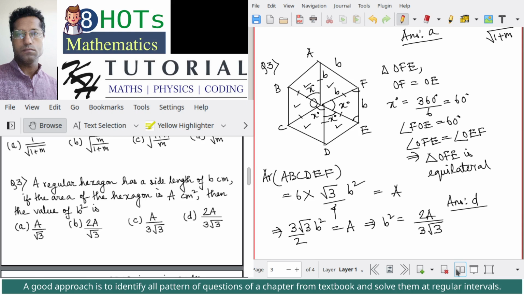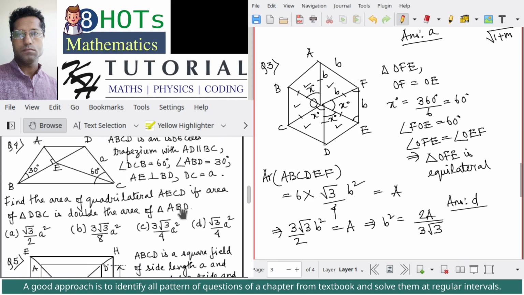And if it's a regular hexagon, then definitely each of these triangles will be an equilateral triangle, and all these triangles are congruent and they will have equal area. And of course the area of the regular polygon is the sum of these triangles. Okay, let's see question number 4.